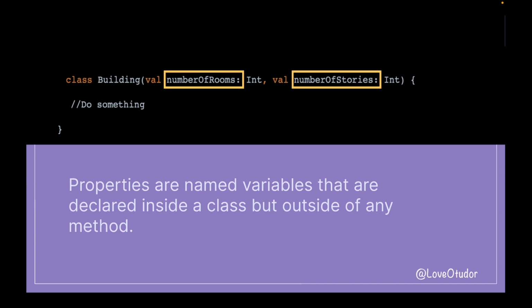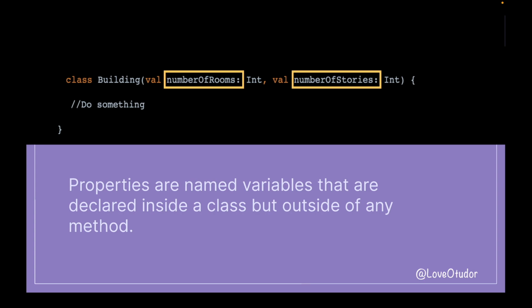To declare a property, you use the val or var keyword followed by the property name and type. For example, for this property, we have val signifying that it's an immutable property and cannot be changed once it is initialized. The number of rooms, which is the property name, and an integer type.